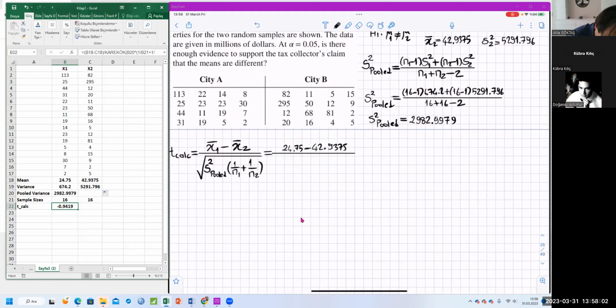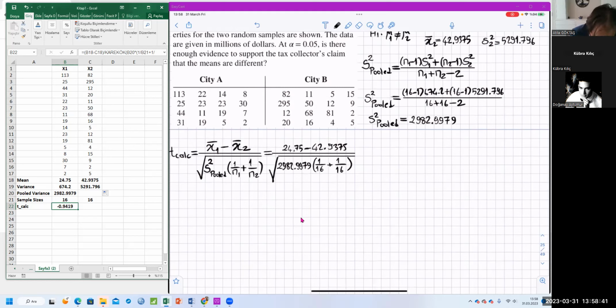Let's see. Okay, the pooled variance, which is 2,982.9979 times 1 divided by 16 plus 1 divided by another 16, and this is within the square root.